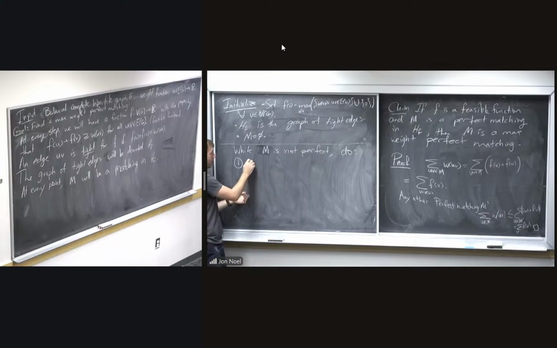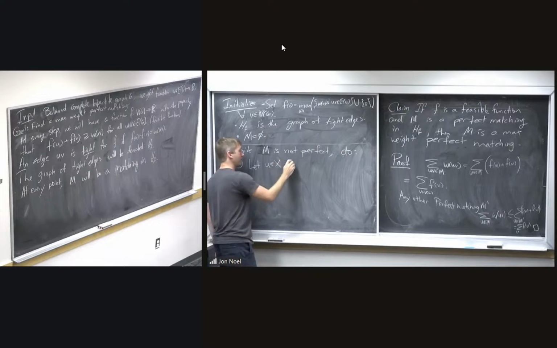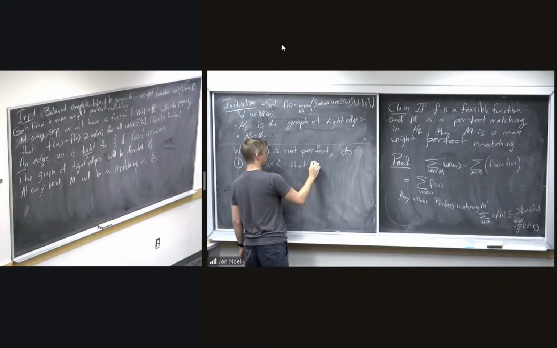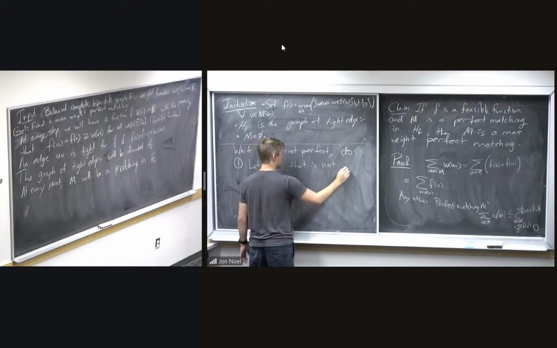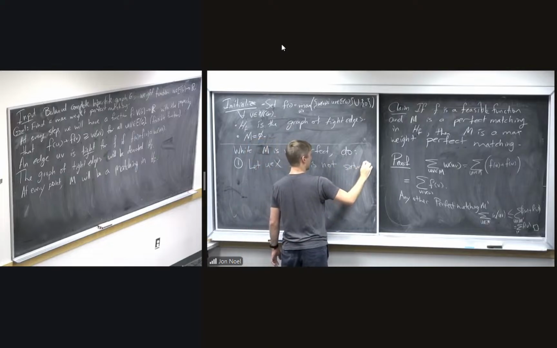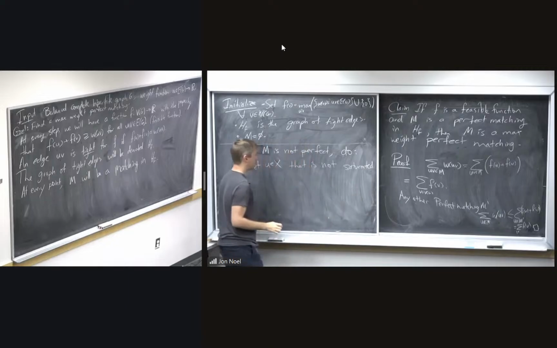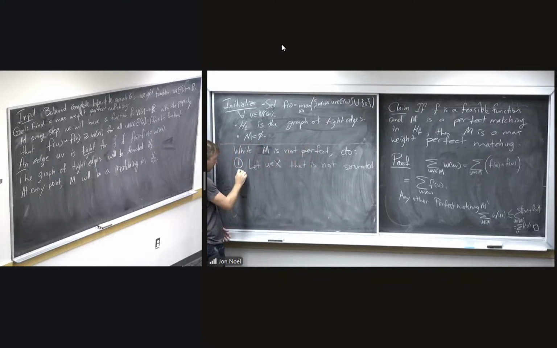So let U be an element of X that's not saturated. So what I want to do is try to find an augmenting path. If I can find an augmenting path in H_f, then I could replace M by a larger matching by following along that augmenting path.